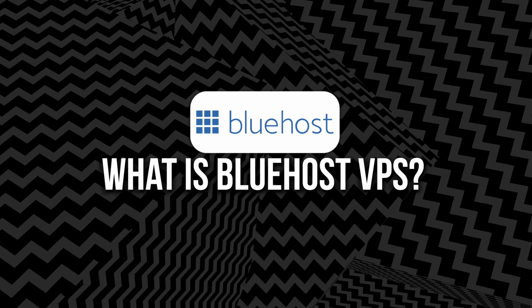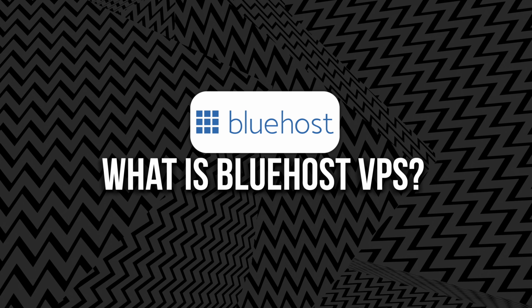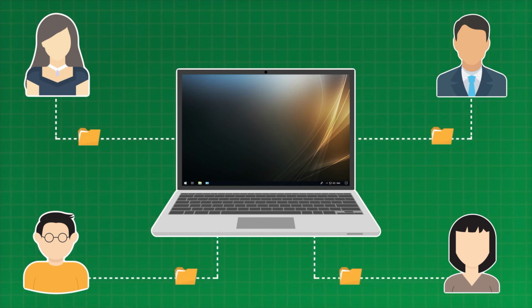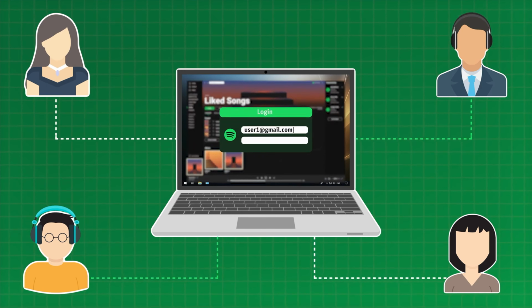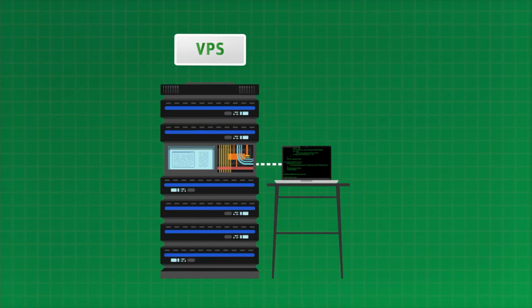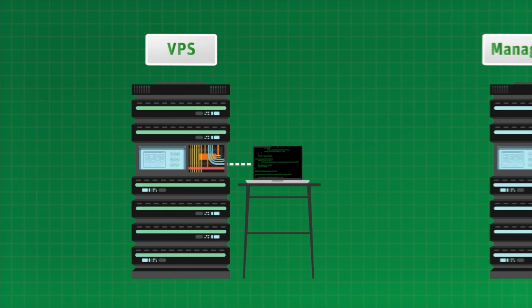So let's start off with the basics. What is Bluehost VPS? Bluehost VPS hosting provides your own virtual server environment with allocated resources like CPU cores, memory, and storage. Unlike shared hosting, where hundreds of sites live on the same server and compete for resources, a VPS essentially ensures that your site's performance isn't bogged down by neighbors.